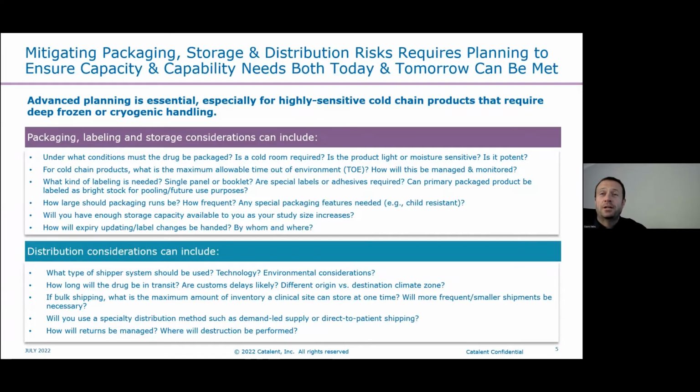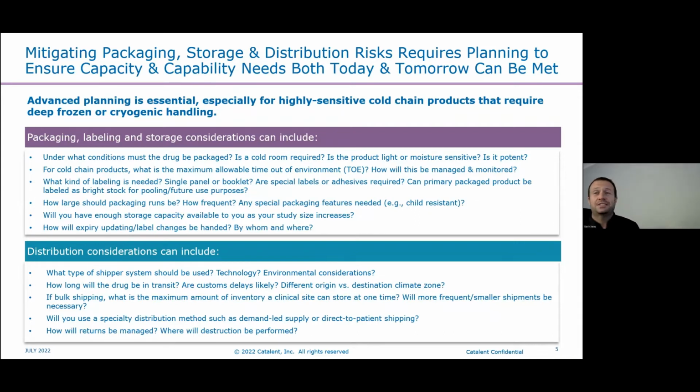You know, think about the resupply. Once the first manufacture has taken place and we've started enrolling and dosing patients in your trial, how do we plan for the next manufacture to make sure that the patients continue to be supplied with drug? Is there enough storage at various locations? If you're performing a global trial, at the start you may only need a small amount of storage for your early phase.